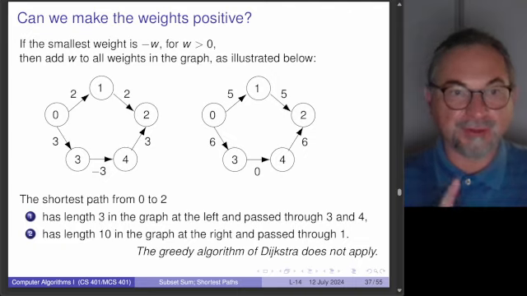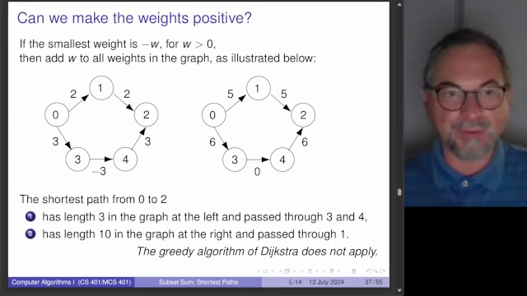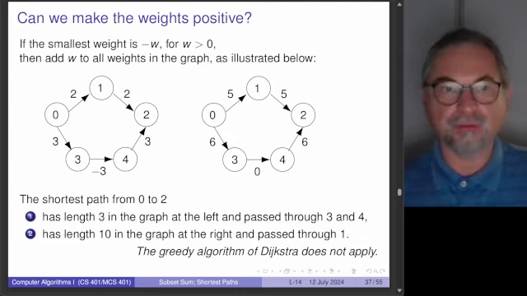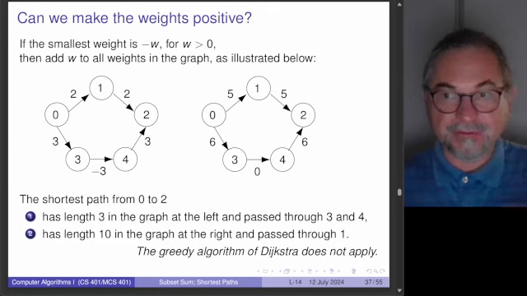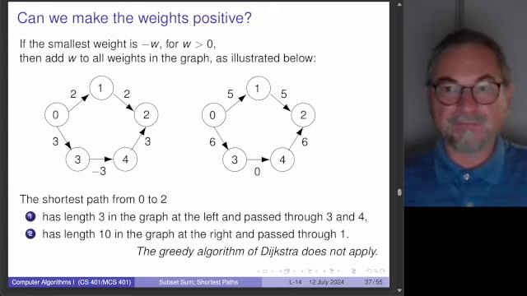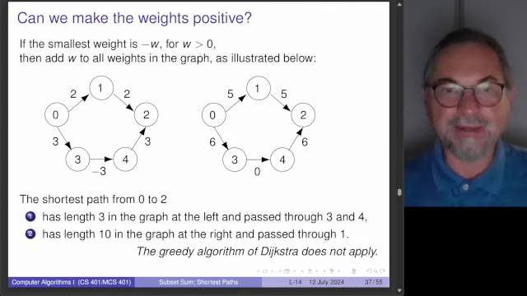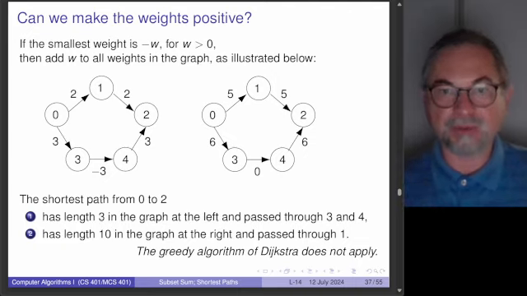And if you look at the graph on the left, the shortest path from 0 to 2 does not go via 1. If you would go via 1, we would have total cost 4. But if you go via 3 and 4, your total cost is 3 minus 3 plus 3, which is 3. Now, after the transformation of the graph, adding 3 to all the edges, you see that the path from 0 to 2 via 3 and 4 has total cost 12, whereas now there is a shorter path.